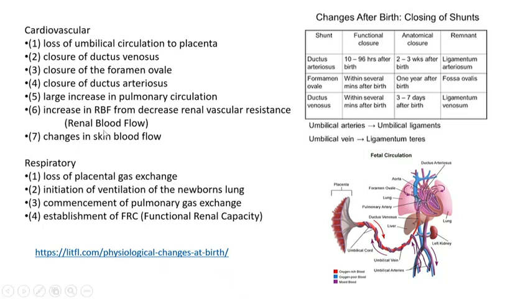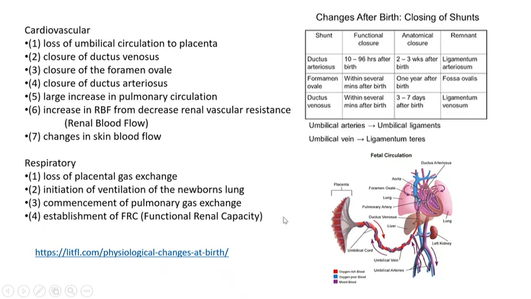An increase in renal blood flow from a decrease in renal vascular resistance, and then the change in skin blood flow as well. And then as far as the respiratory system, loss of placental gas exchange, okay, that makes sense. Initiation of ventilation of the newborn's lungs, commencement of pulmonary gas exchange, and the establishment of a functional renal capacity.